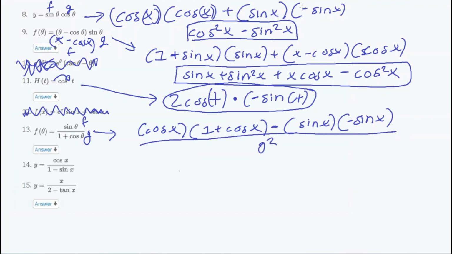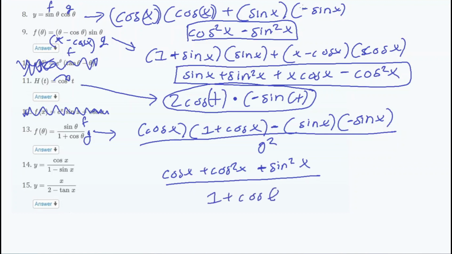So if we multiply this out, we're going to have cosine x plus cosine squared x, or actually plus sine squared x, because we have a negative sine x over here. And we can't simplify this any further, so we're going to write out the g squared, which is going to be 1 plus cosine x, and we'll square that. And obviously, instead of x, you want to write theta for your real questions and answers.